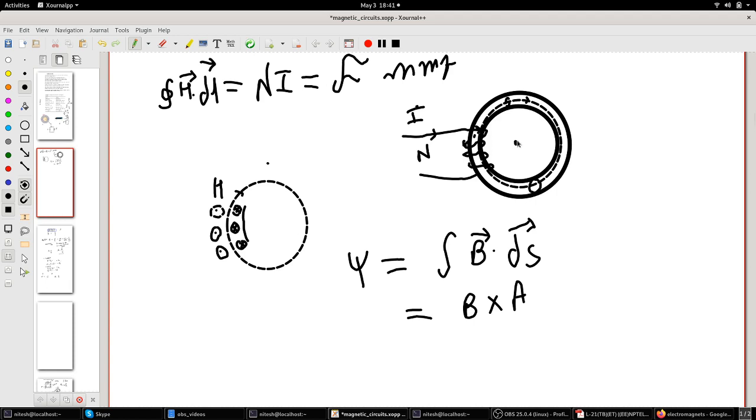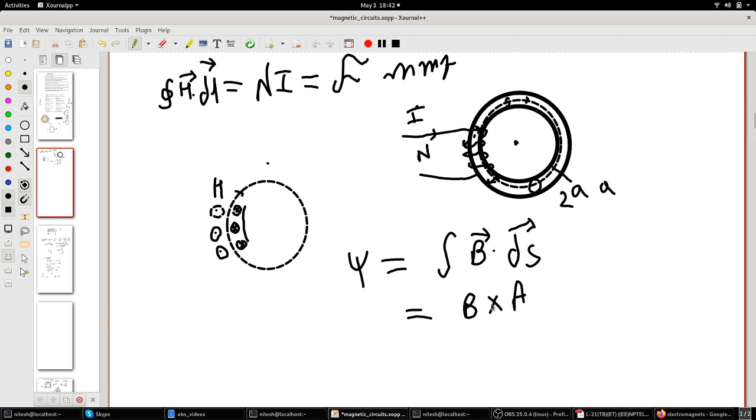What will happen here is, let's say that this here is some diameter d. The area will be pi into, so if this is d, let's say this particular diameter of this core is 2a, then a will be the radius of the core. It's a hollow, I mean it's a cylindrical core.